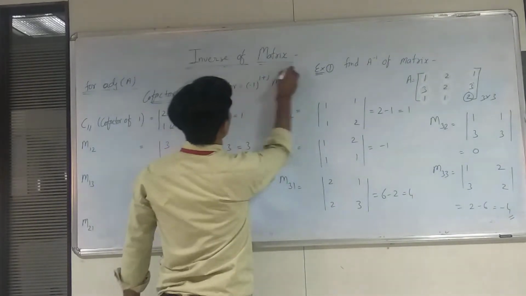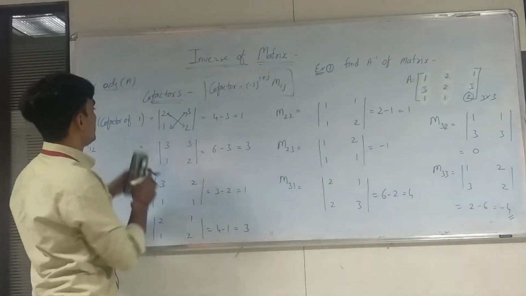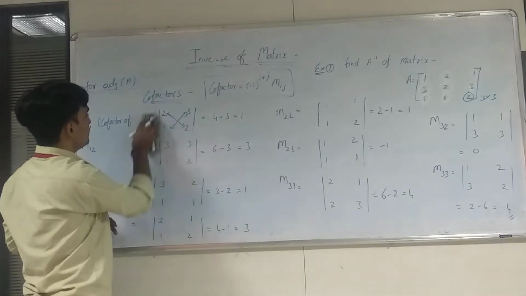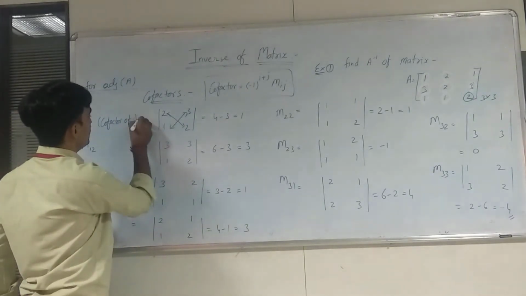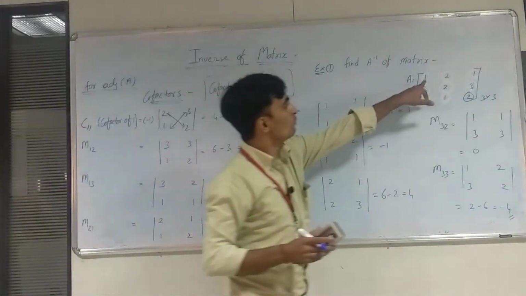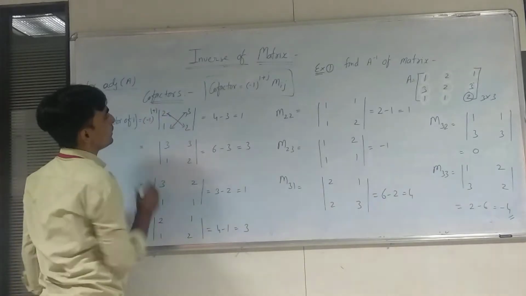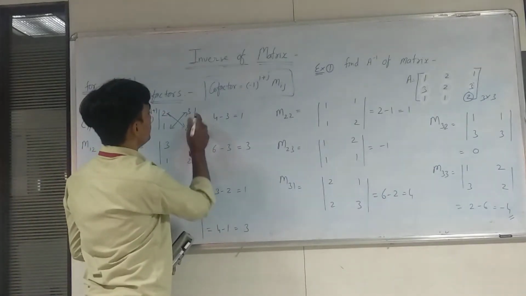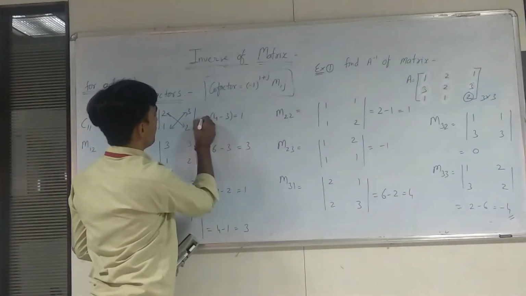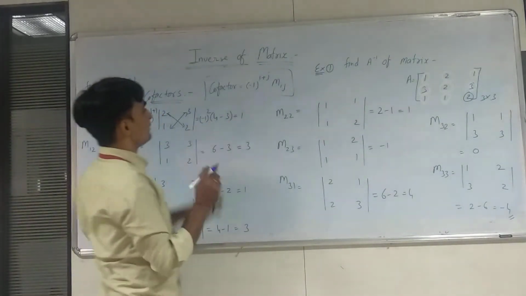This is the basic formula for finding a cofactor. So here, minus 1 power the address of 1, which is first row, first column. So it is minus 1 power 1 plus 1, which gives you minus 1 power 2. So it is 1.